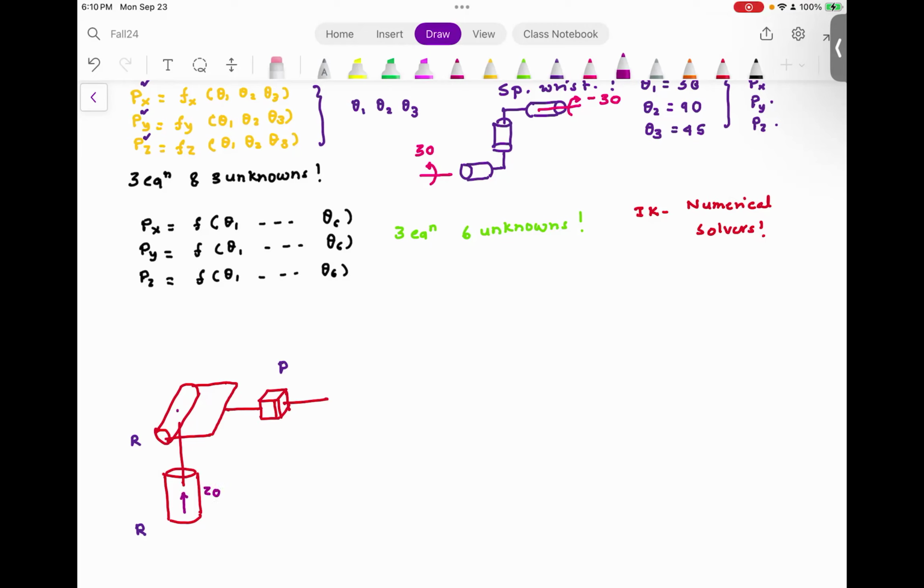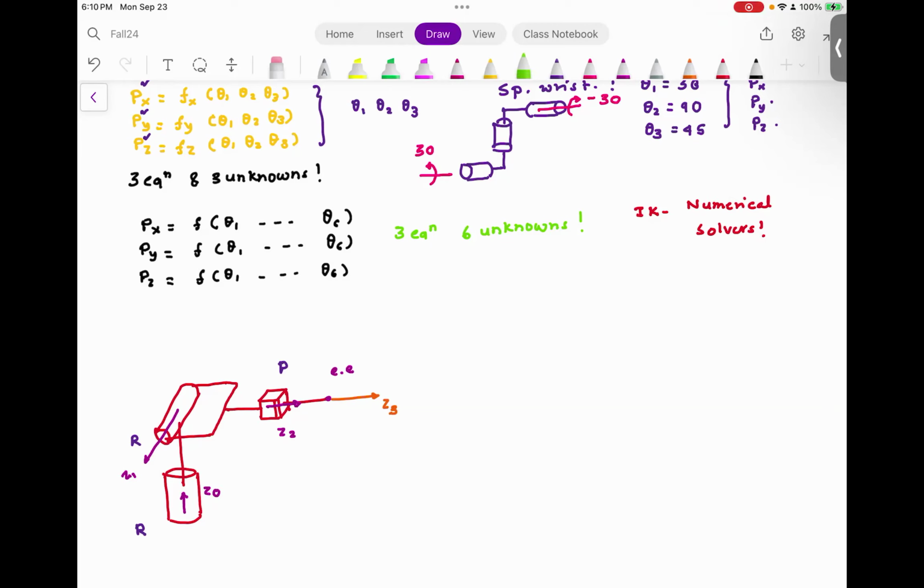I will call this Z1, and this Z2. And at the end effector, I would call this Z3. So the first step is to identify all Z's.